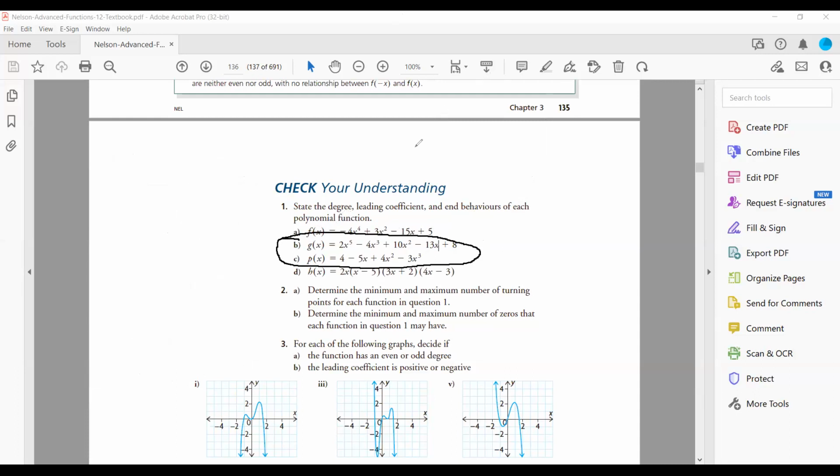So please solve it now and give me your answer, and we'll analyze it together. Okay? Okay or no? Yes, sir. Do B and C, okay?